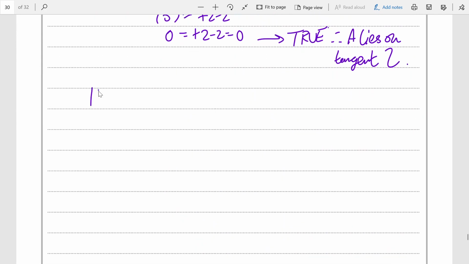So first we will say that the area is equal to the integral from negative 2 to 2, which is the two intersection points of C and B, of C dx, minus the integral from negative 2 to 2 of B dx.